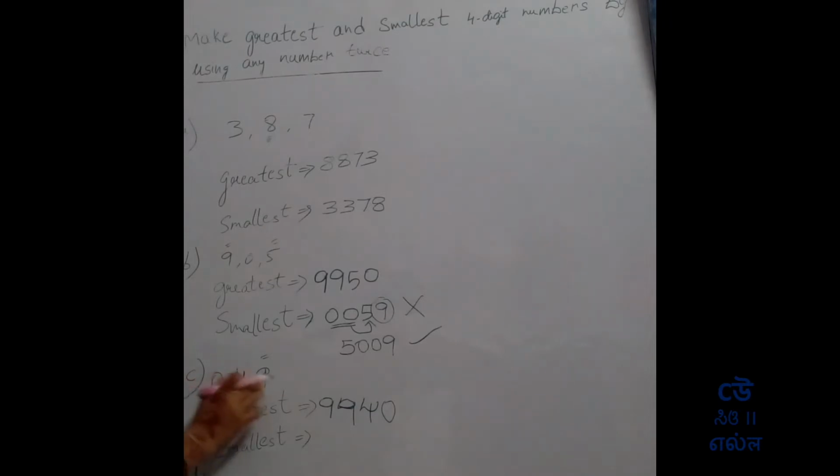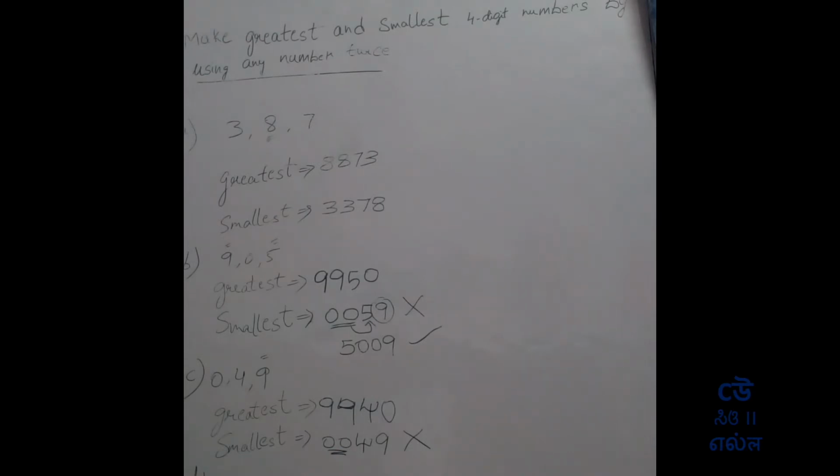Okay, the next, the smallest number we have to find. In 049, which is the smallest number? 0, used twice. Which is the smallest in the leftover numbers? 4 is the smallest. The next number is 9. The condition I told you is that 0, 0 should not start at the beginning of the number.